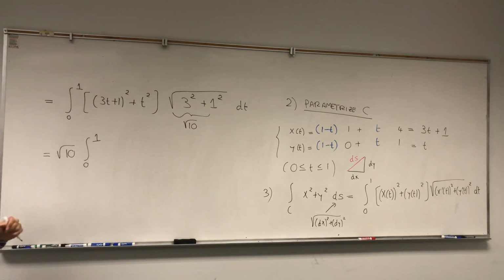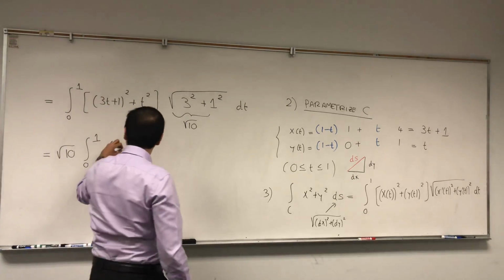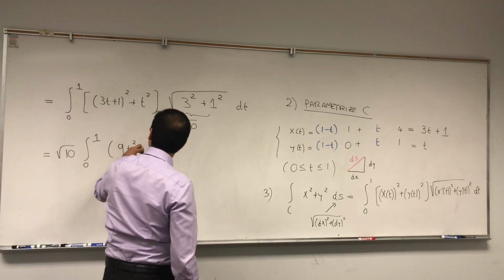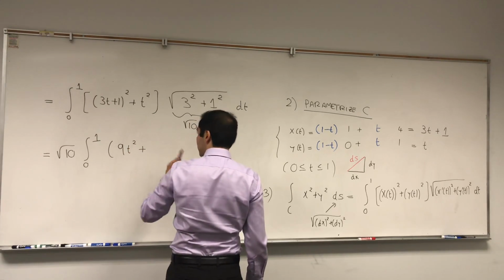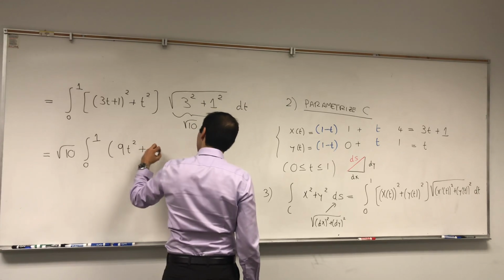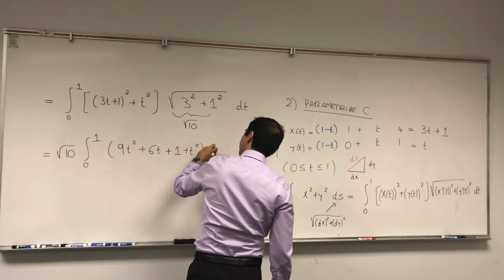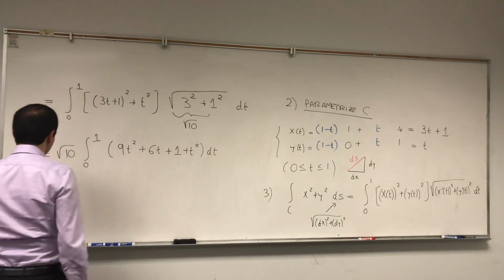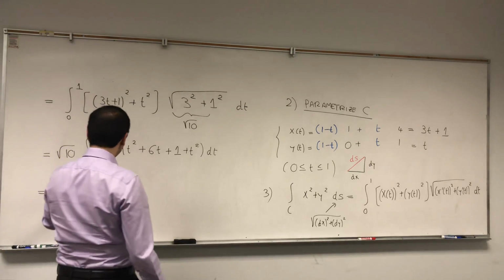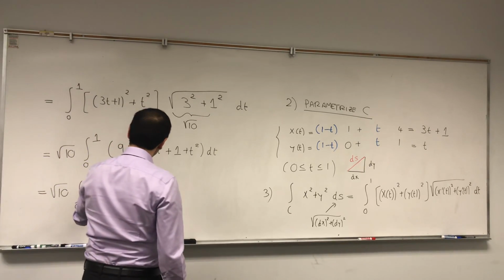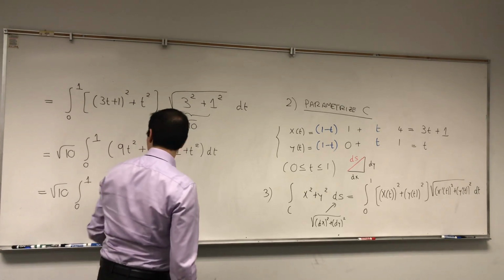Well, it's just a one-dimensional integral, so in this case you just expand it out, for instance. So 9t squared plus, 2 times 3 times 1, so 6t, plus 1 plus t squared, dt. And what this becomes is square root of 10 times the integral from 0 to 1 of 10t squared plus 6t plus 1 dt.